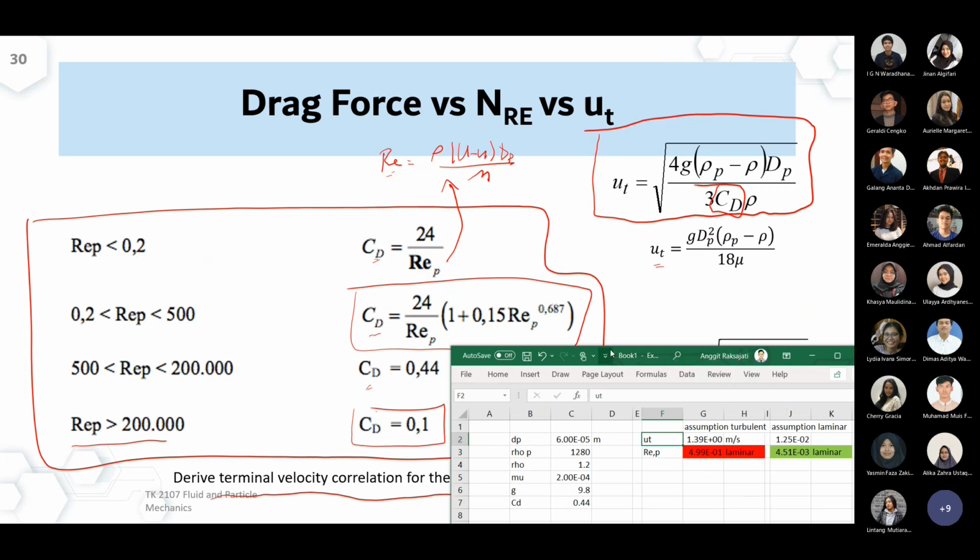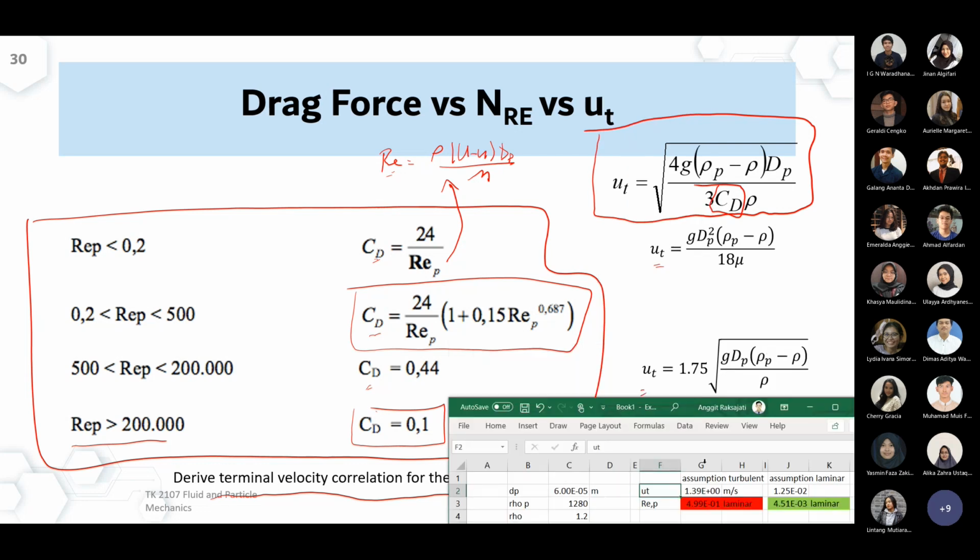That's the formula 1.75 g d delta density per rho, square rooted. The problem is now we get the Reynolds particle number to be 0.5, which is outside of the applicable range of the assumed formula. You can confirm whether I made some typo in the calculation.